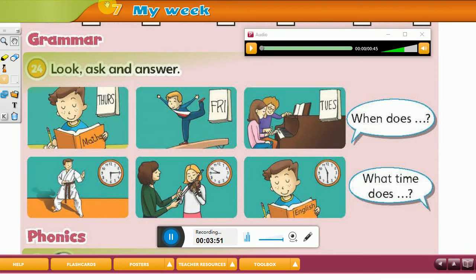When does he do gymnastics? Excellent. He does gymnastics on Friday. What about 3? Picture 3. When does she have music lesson? Excellent. She has music lesson.